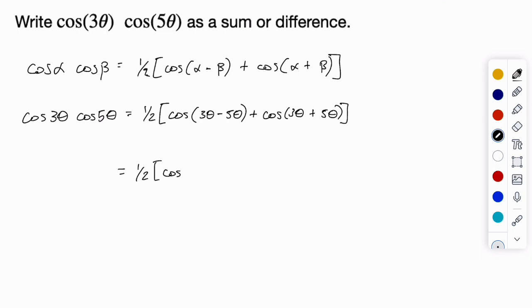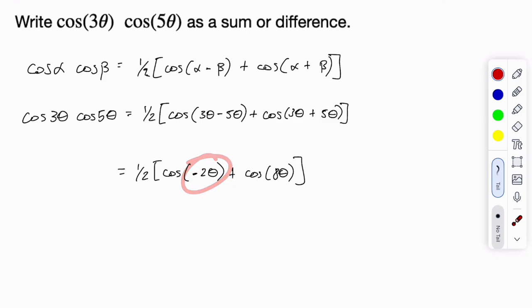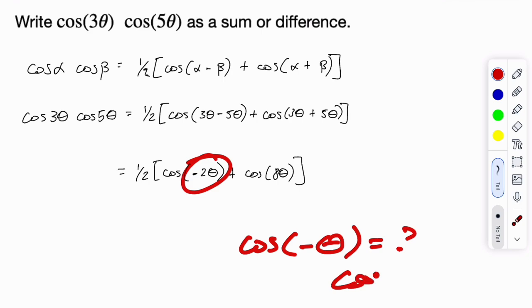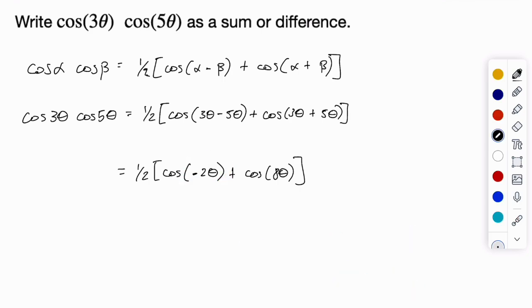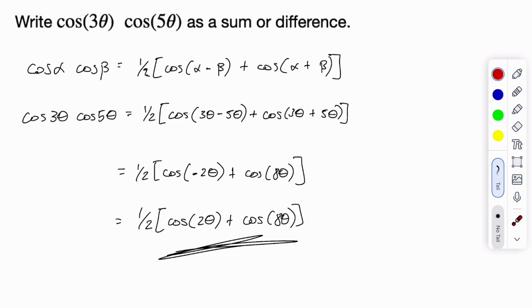That's going to give us cos minus 2 theta plus cos of 8 theta. This looks a bit weird though, doesn't it? If you remember, what is cos of negative theta equal to? Well, it's just equal to cos theta. And so this is going to be equal to a half of cos 2 theta plus cos of 8 theta. And this is going to be your final answer.